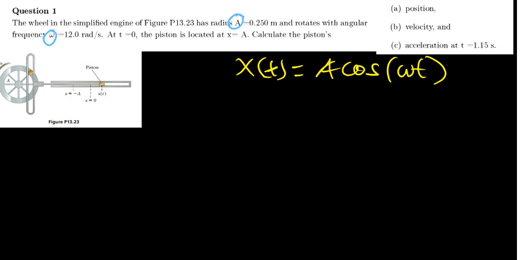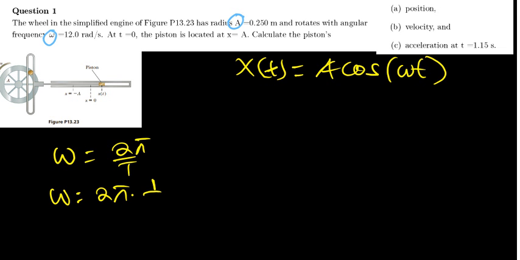Now what it means there is that this A is the amplitude, and we've been given the amplitude. Last time I explained that whenever we are talking about the angular frequency, sometimes they're not going to give you this. This angular frequency is also known as 2 pi over period. But we know that we can put it in this form: 1 over period is the frequency.